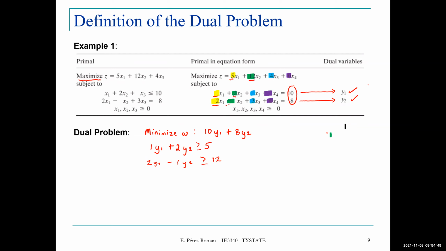This is y1, this is y2. So 2y1 minus 1y2 greater or equal to 12. Now I'm going to look at my third constraint. This is 1y1 plus 3y2 greater or equal to 4.